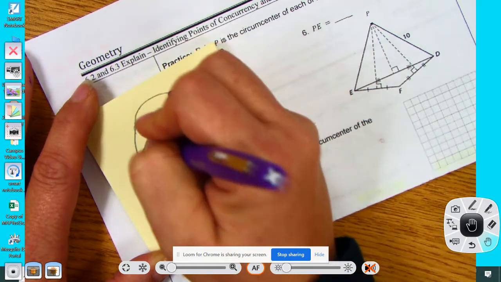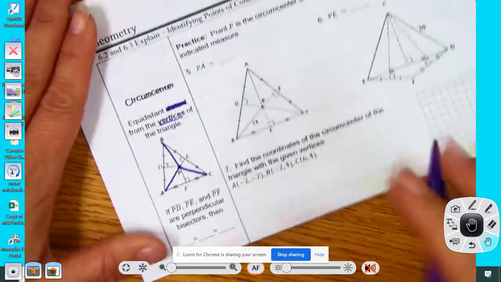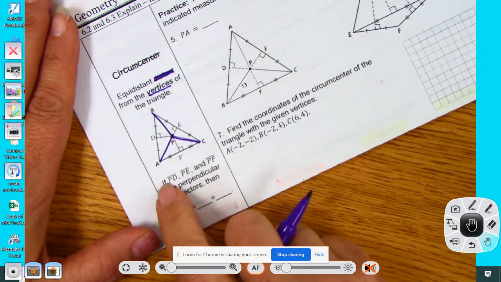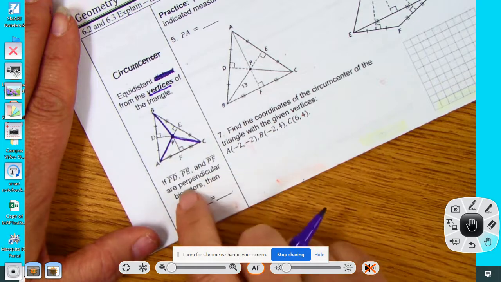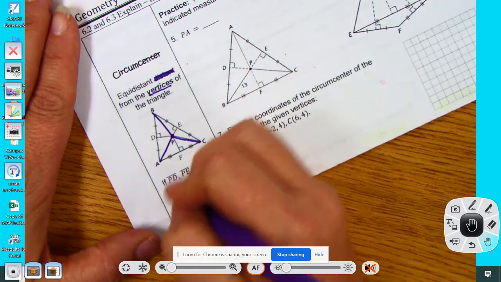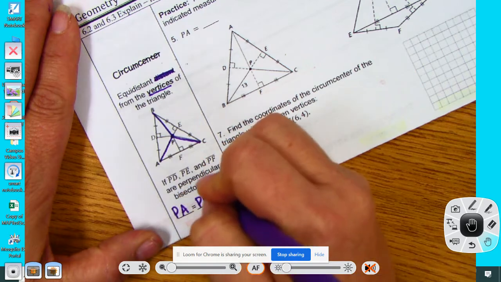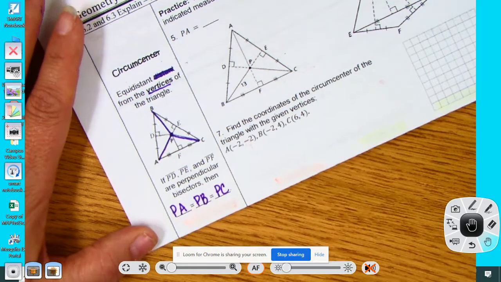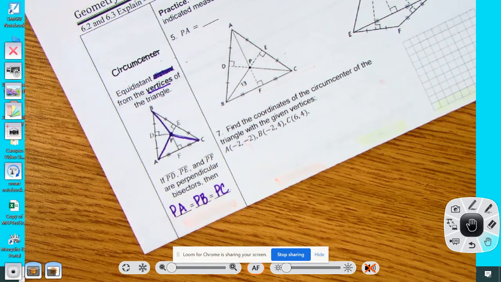So all of these are equidistant because they are the radius of the circle. So in this picture, if PD, PE, and PF are my perpendicular bisectors, then PA, PB, and PC are all equal to each other because they are the radius of the exterior circle.